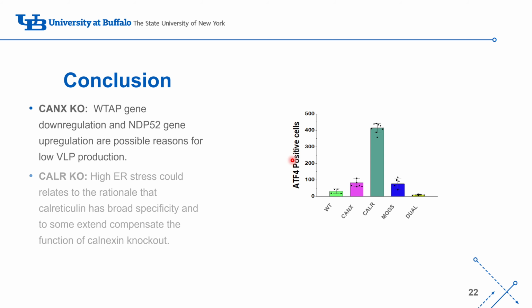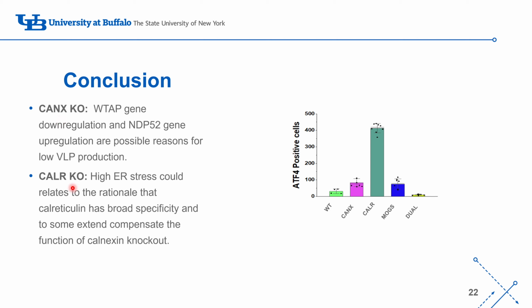And in the case of the calreticulin knockout, this high ER stress could indicate that calreticulin has broad specificity, or interacts with a large number of proteins, since it is an ER lumen protein, whereas calnexin is an ER membrane protein.